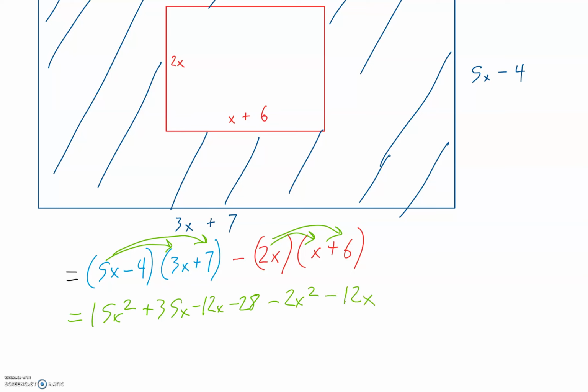Okay, and then we're going to put all of this stuff together. So we get 15x squared. Nope, minus 2, so it's 13x squared. I've just used these two. Now I'm going to put the x's together. So we have 11x, and that's this one and this one, and then minus 28 there.